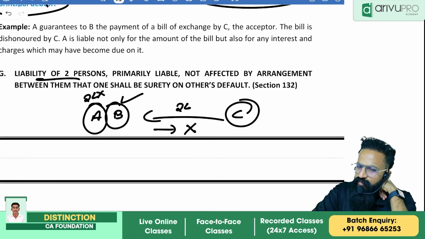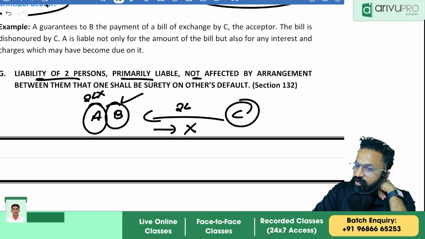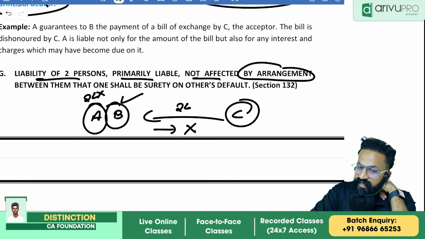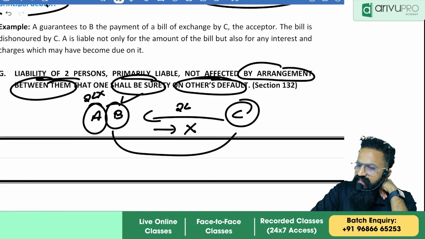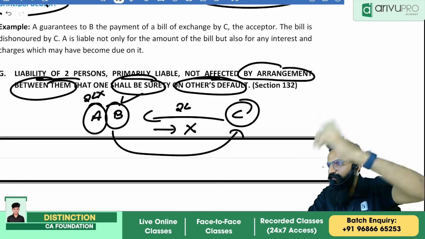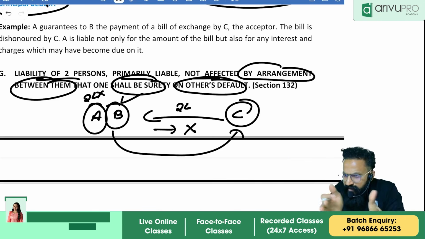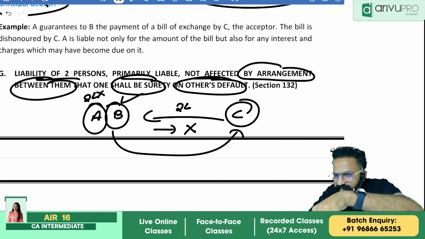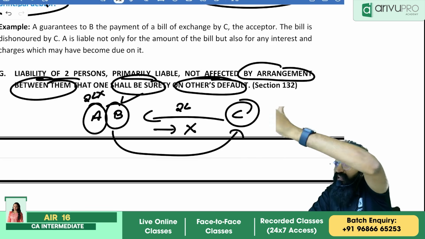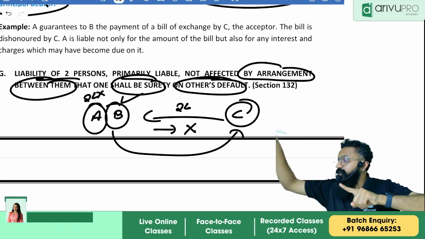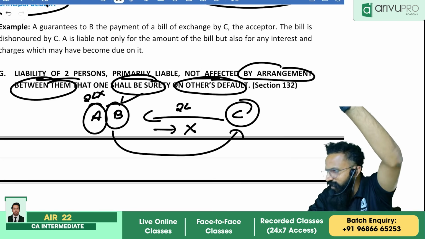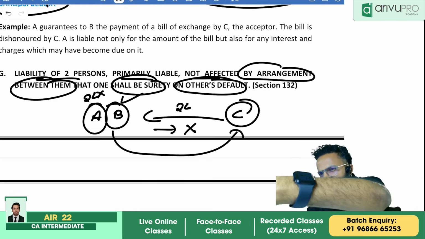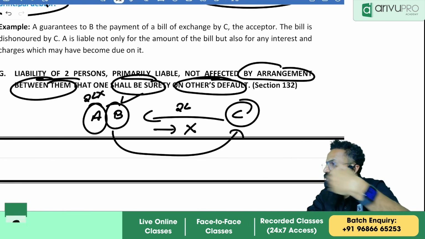See, liability of two persons primarily liable is not affected by an arrangement between them that one shall be surety on the other's default. So technically what happened? B did not tell this: if he doesn't pay, I will pay. That was not communicated. In between you guys, you have agreed. Whatever you agree in between you, the creditor will not be bound by it.